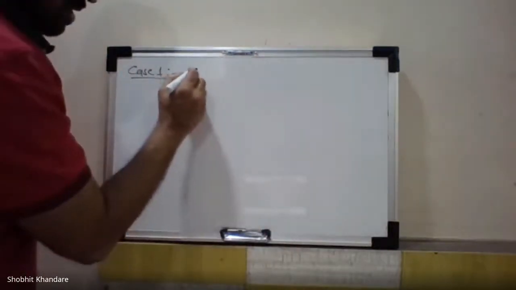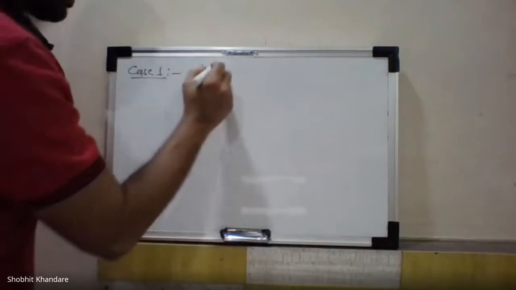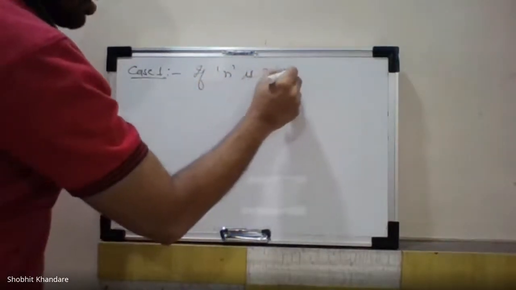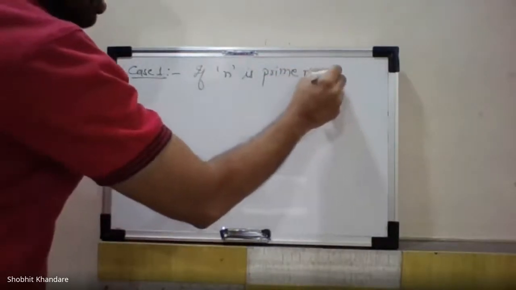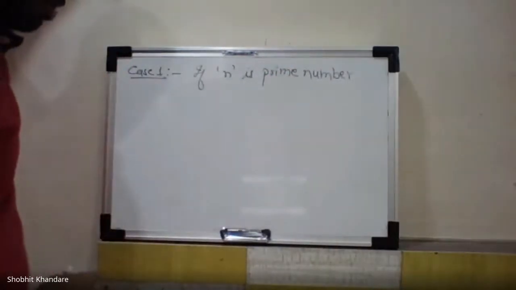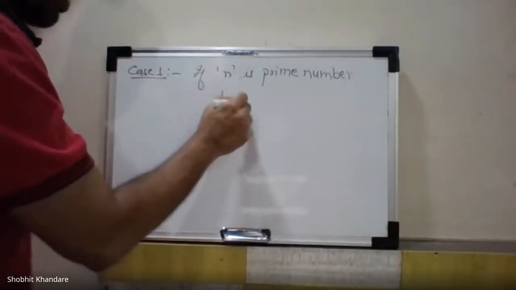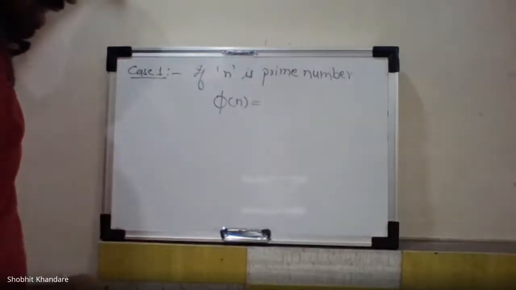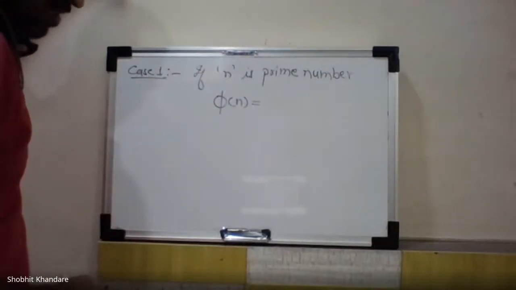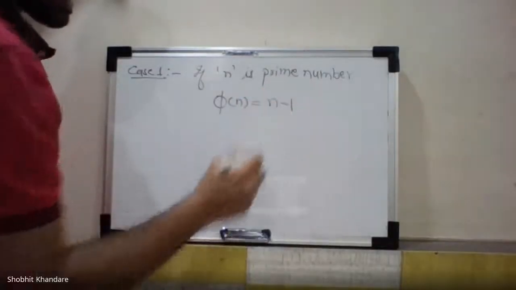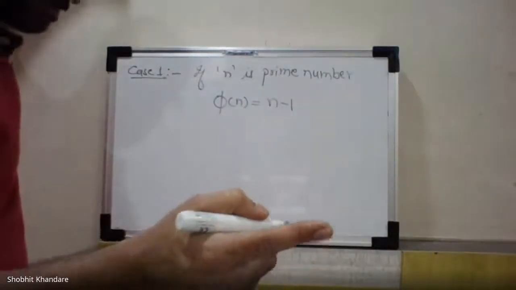Case number 1 is if n is a prime number. Tell me, phi of n is equal to p minus 1 into q minus 1? No, it is n minus 1. What you said is the next case. I will tell you what that is.